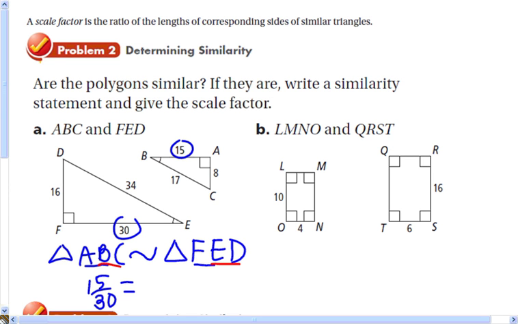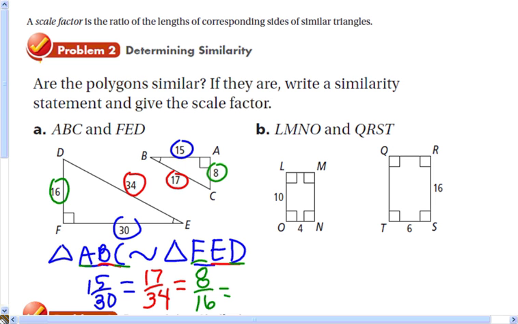So BC is 17 and ED is 34. And so far we have them equal. Those are both equal to 1/2. And then we'll check the last one, which is AC, that's 8, and FD is 16, so we have 8 over 16. And if we simplify all those ratios, we get 1/2. So we can say that triangle ABC is similar to triangle FED.